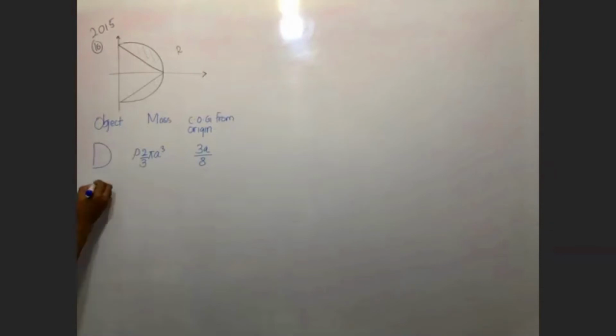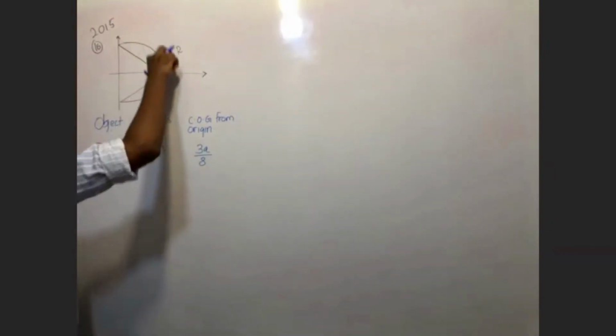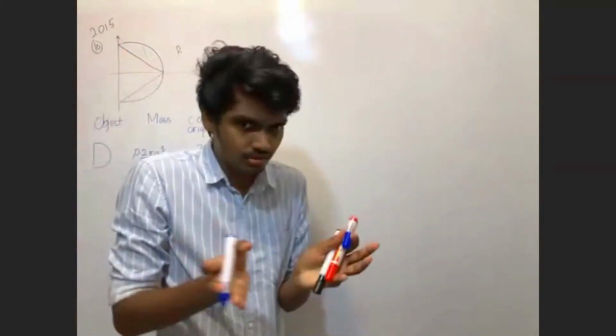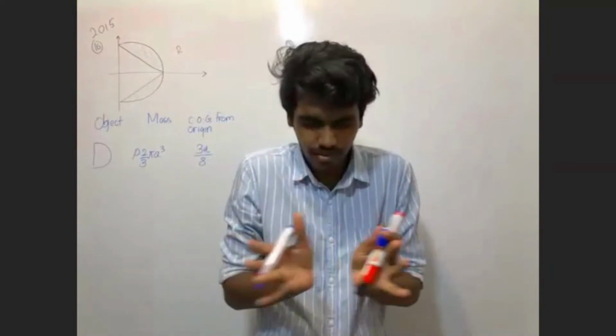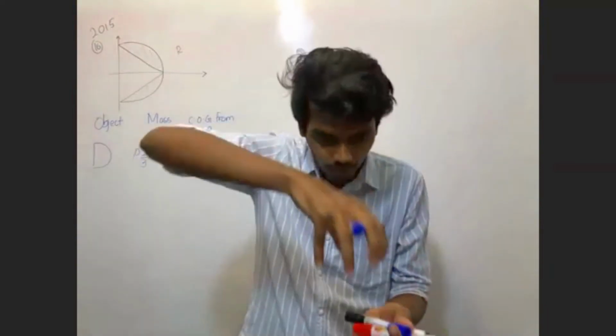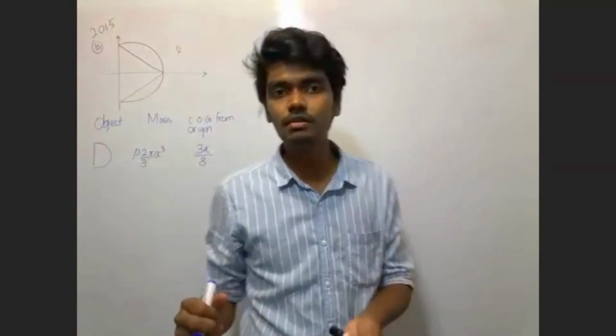And then once again, from the solid hemisphere, a cone is removed. So you need to think about this in a 3D manner. There is a hemisphere, and from that hemisphere a cone is removed.